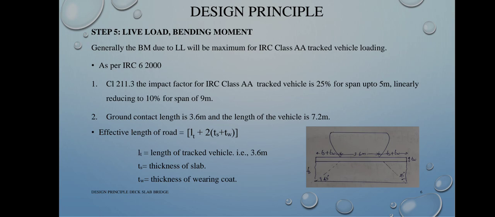The ground contact length is 3.6 meter and the length of the vehicle is 7.2 meter. The effective length of road equals LT plus 2 times TS plus TW, where LT is the length of tracked vehicle, that is 3.6 meter, TS is the thickness of slab and TW is the thickness of bearing coat. This is the figure representing the effective length of load.